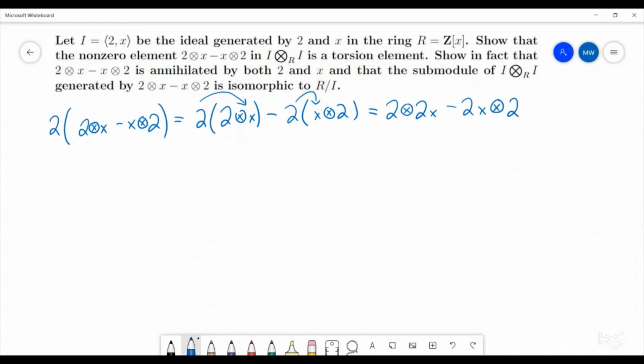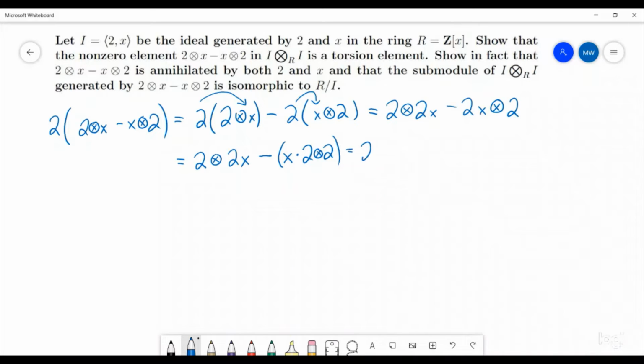Okay? Just from that, it doesn't look like we really did very much because they're still looking very similar. But the thing is, this is a tensor product over R equals the integers adjoin x, meaning x is something that we can move around. So this is then equal to 2 tensored with 2x minus x times 2 tensor 2.